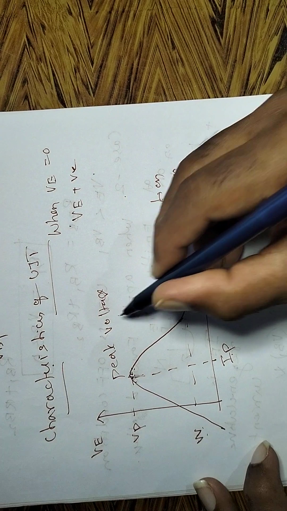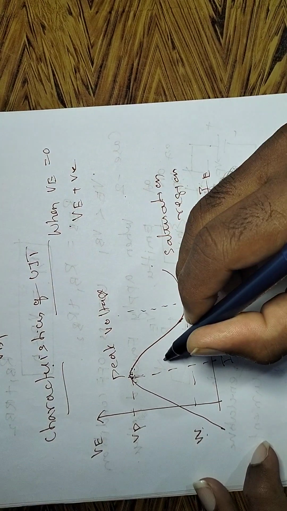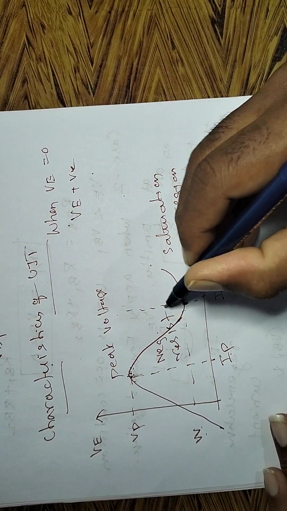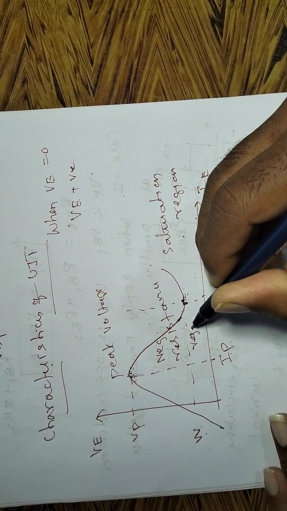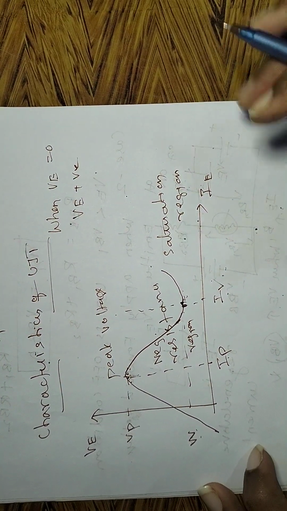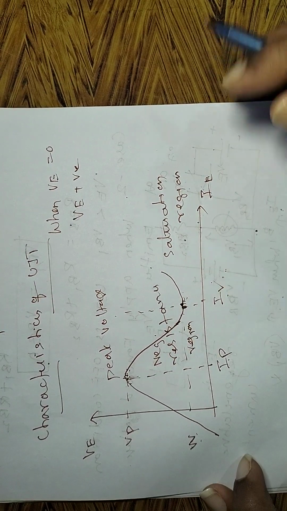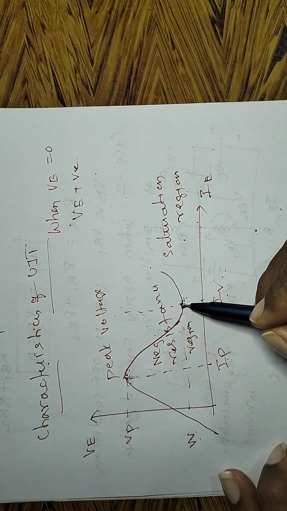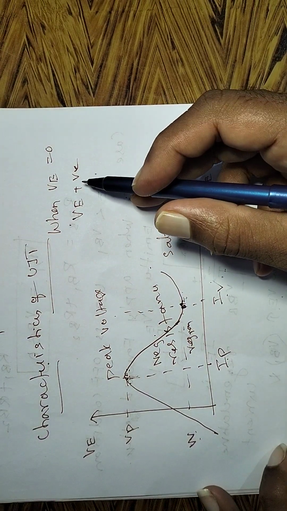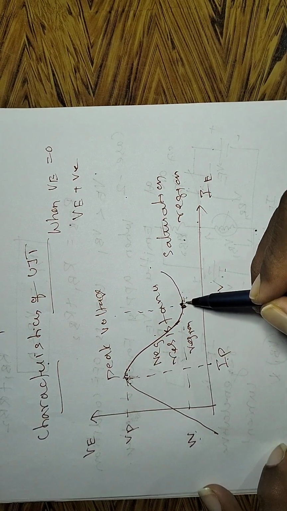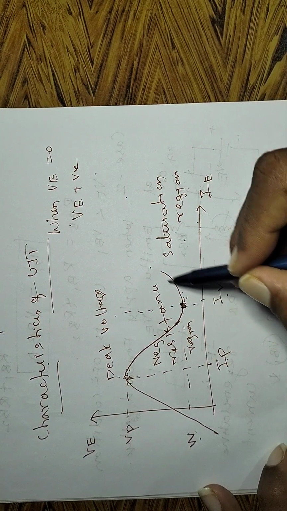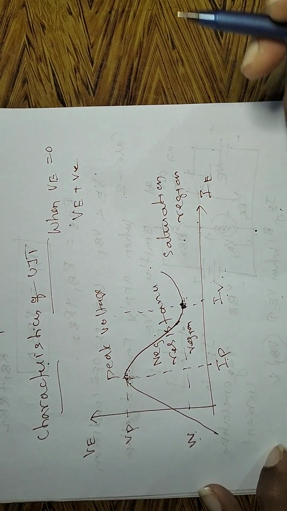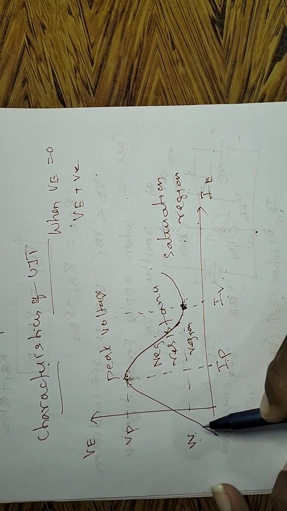Between this point and this point is the negative resistance region. So this UJT works under the negative resistance region. That is a major advantage. Between these points, current increases because a positive emitter voltage is applied. Thereafter it reaches the valley point, and from the valley point to this point is the saturation region. That is how it happens.